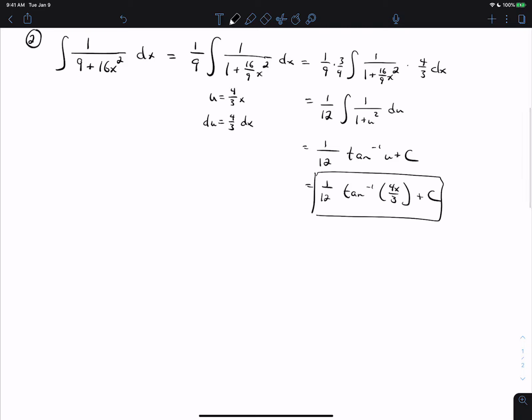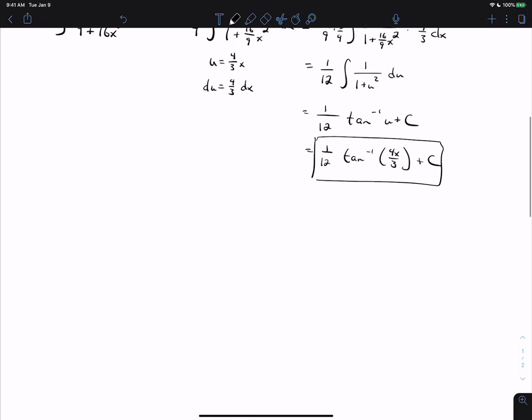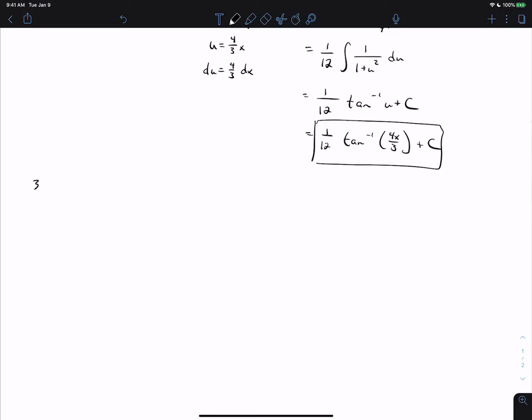Okay, I want to look at another problem similar to that. And so let's look at the integral of 5x over 9x to the 4th plus 25.